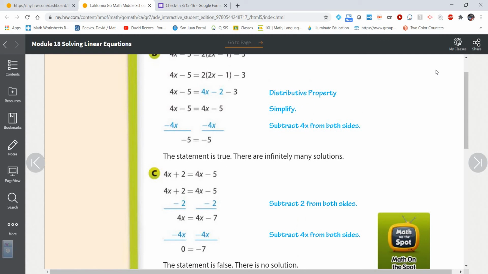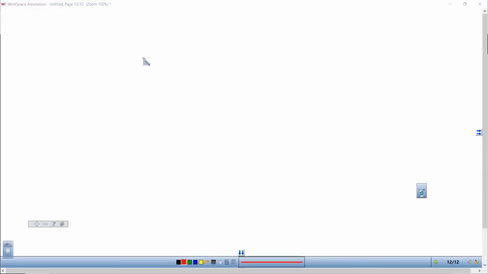All right, so what about this last case here? I don't really like their last case because of the way they wrote it, so let me do my own example here. All right, 4 times x plus 2 equals 4x plus 2. All right, I want to solve this for x. I want to know what value of x will make this left side equal the right side.